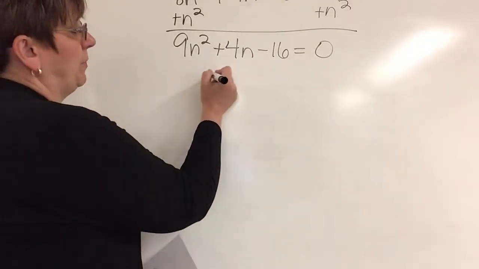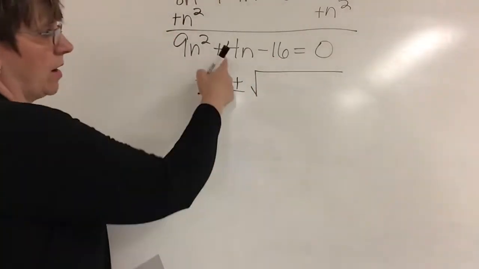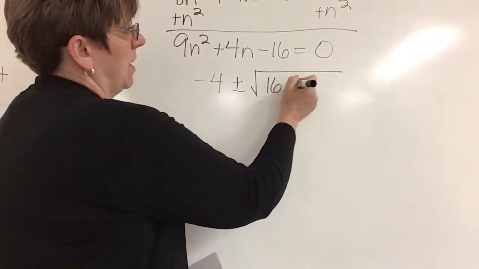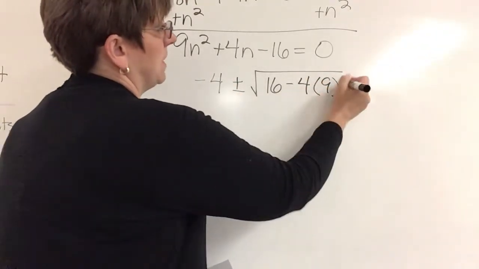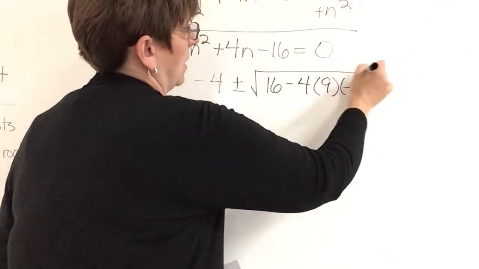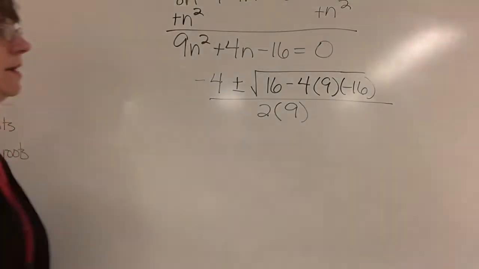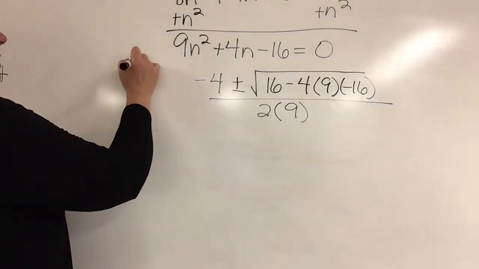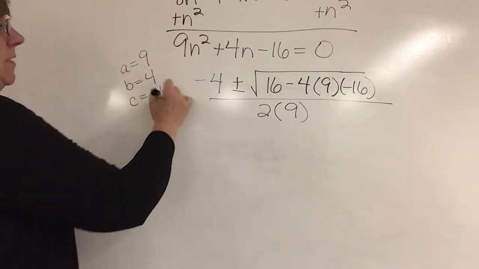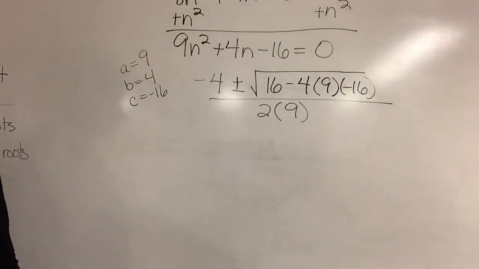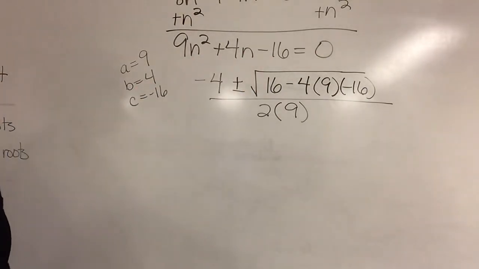So the opposite of b, plus or minus the square root of b squared, which is going to be 16, minus 4 times a times c, all over 2 times a, which a is 9. And I should have maybe written over here, a is 9, b is 4, c is negative 16. You want to continue to identify those. I just identified them right in the equation as I was filling in the quadratic formula.